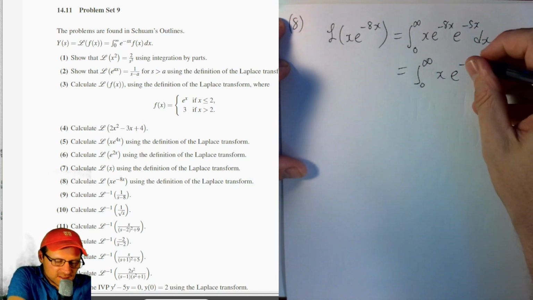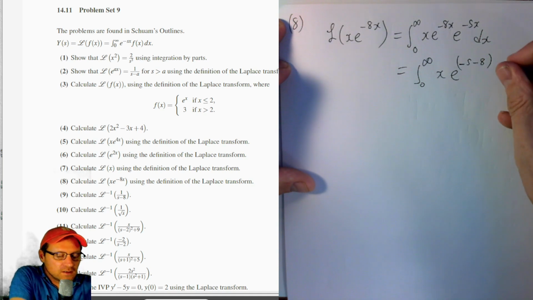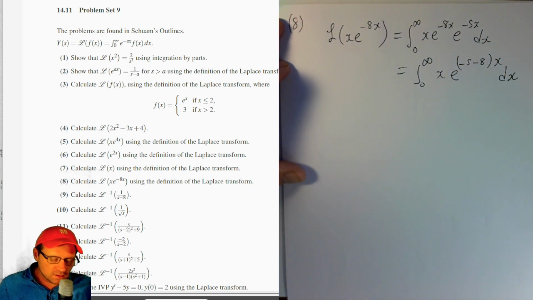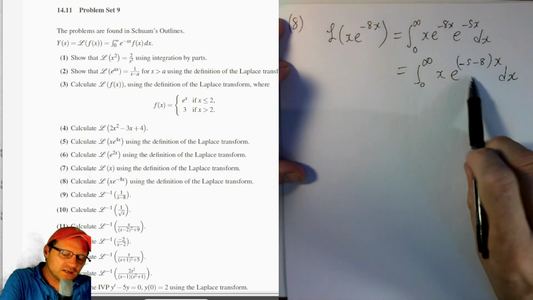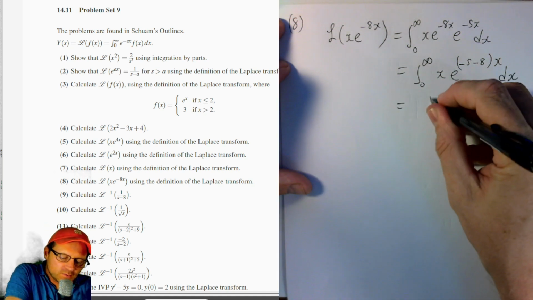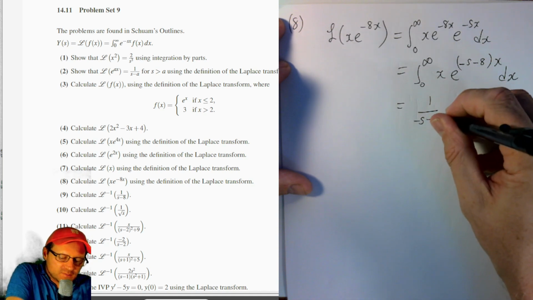So we have minus s minus 8 brackets x. Okay, so we need to swap this for a derivative. And so when we do that, we divide by minus s minus 8.